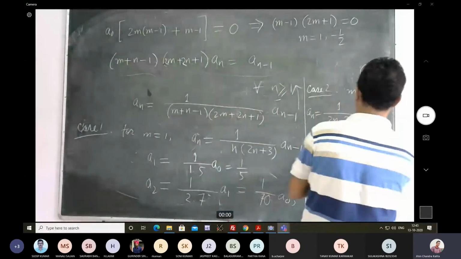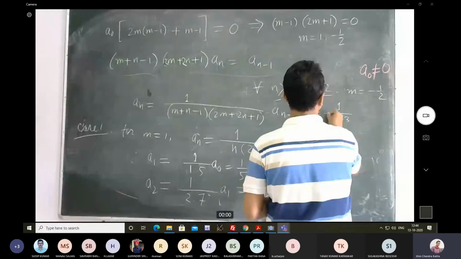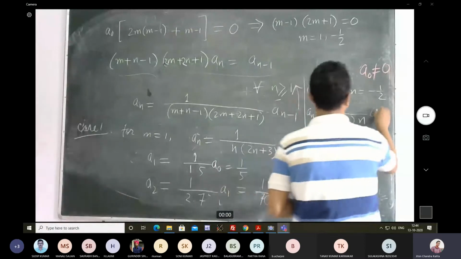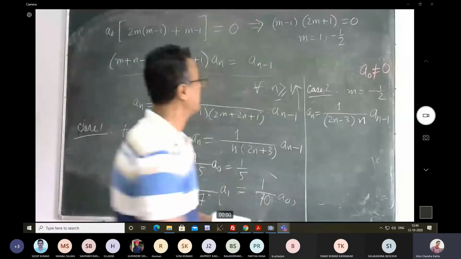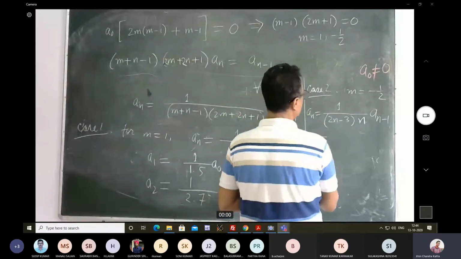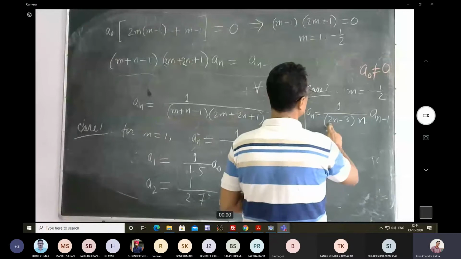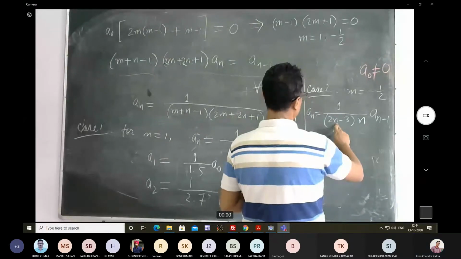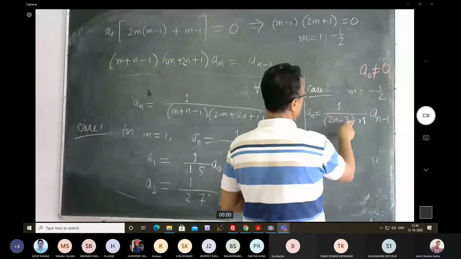So it is going to be 1 by n into n minus 1 times an minus 1. Okay, fine. So a1 is going to be, 2 minus 3, right?